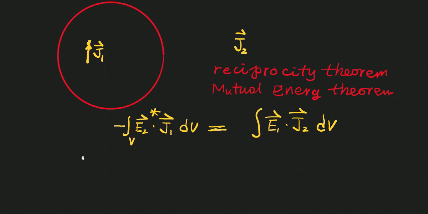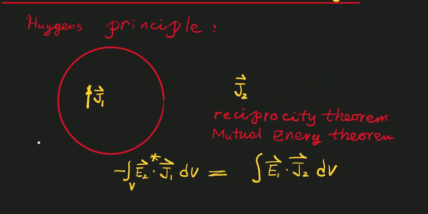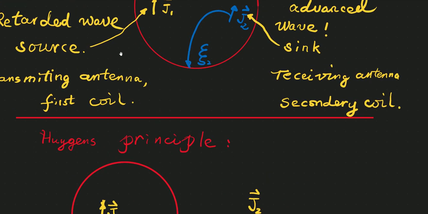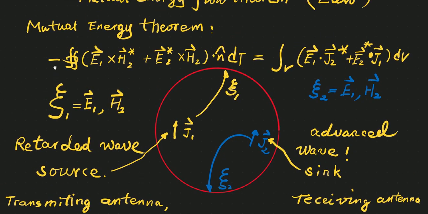In this case, since one current is moved outside, there is only one inside, so in this formula we can just copy this.